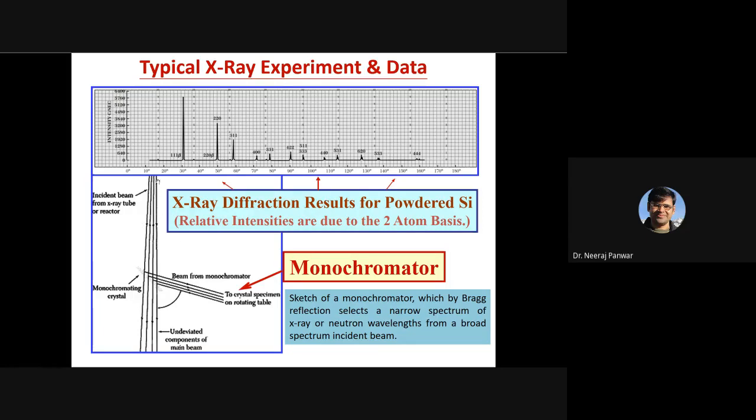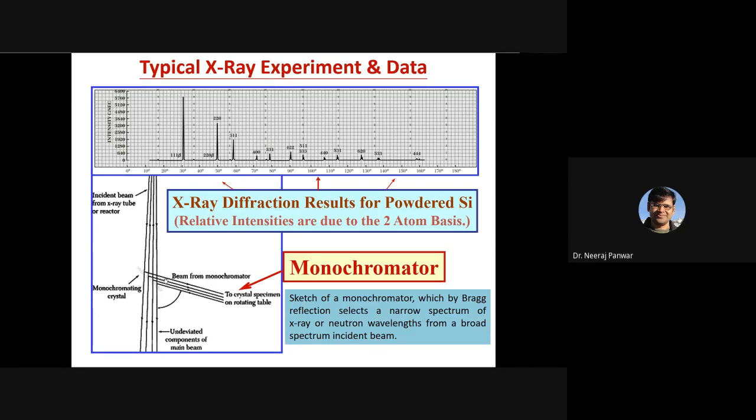It shows that the X-rays are coming from the tube or from the X-ray source, and you know how we produce the X-rays. So these are the X-rays of all the wavelengths, and we have a monochromator crystal. After that, what we will get?